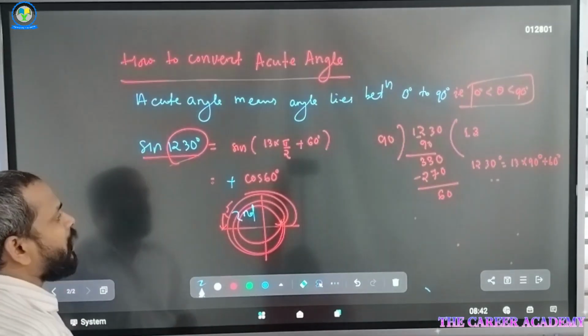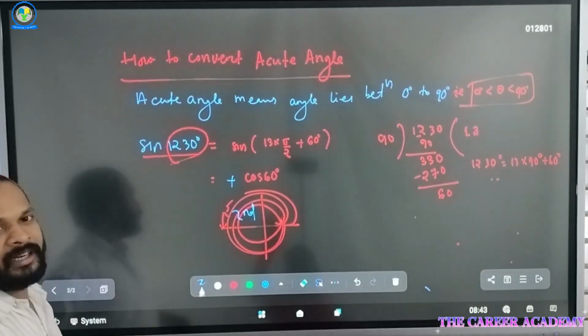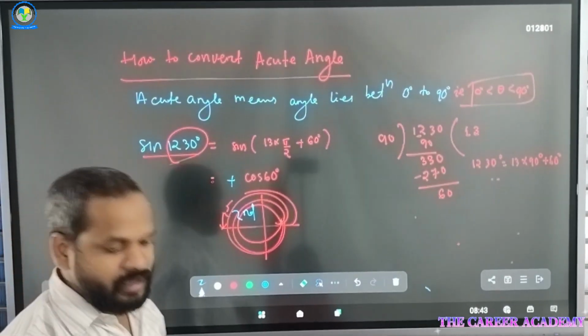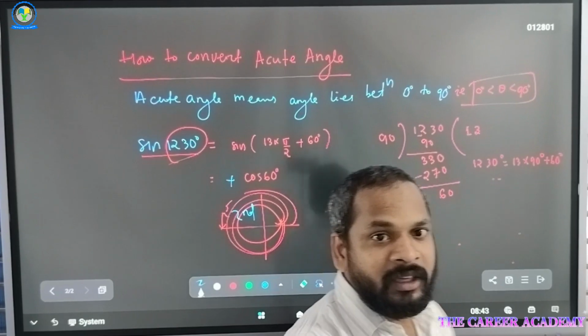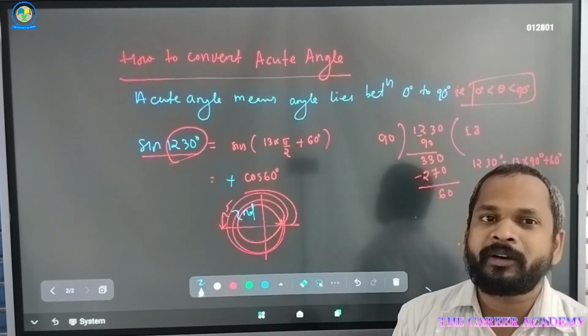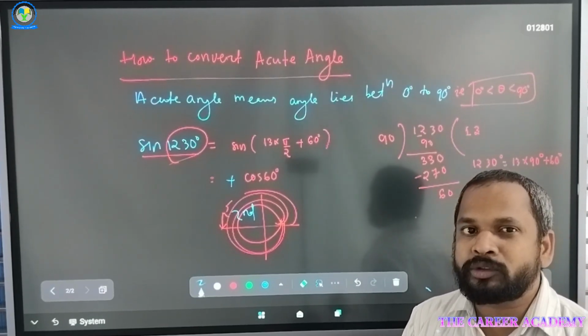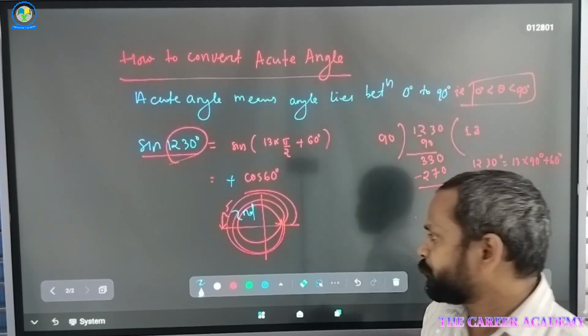Clear students? So what happens? We have to think which quadrant 1230 degree belongs to. To make it very simple, we have to learn a skill that is very essential to solve the questions very easily.